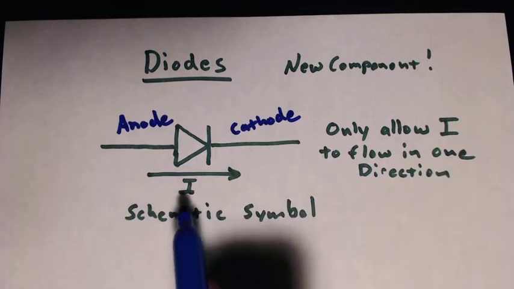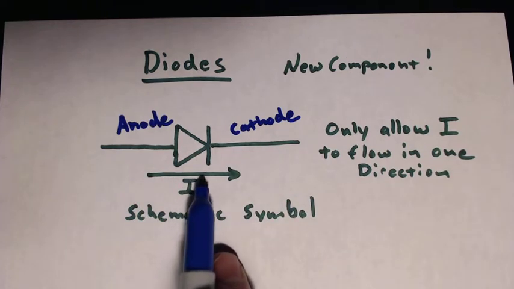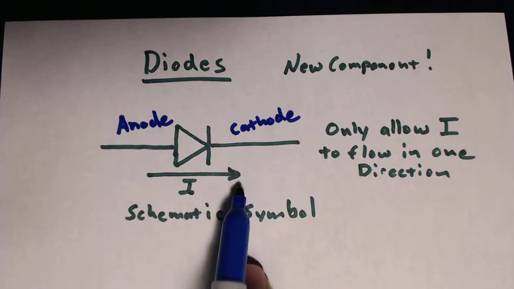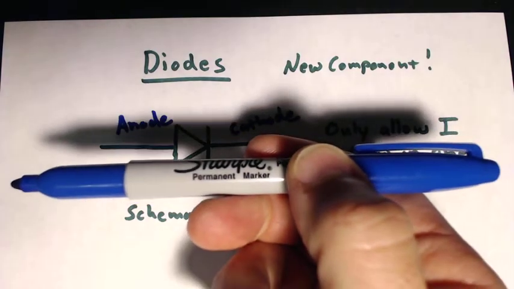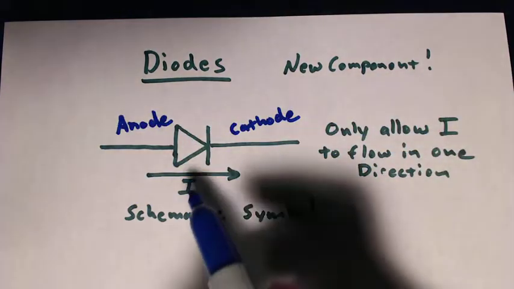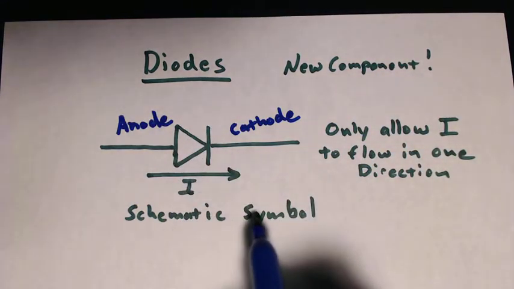So in other words, it will allow current to flow from left to right here in the direction of this current arrow, but it won't allow current to go back through the device. And that's actually kind of inherent in this schematic symbol.